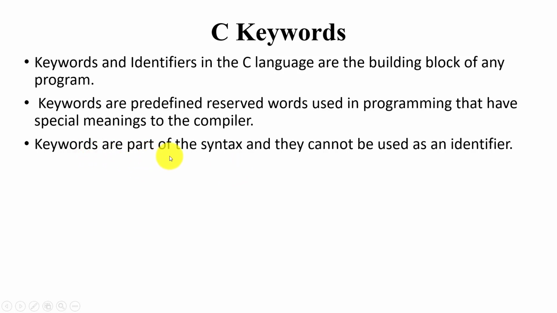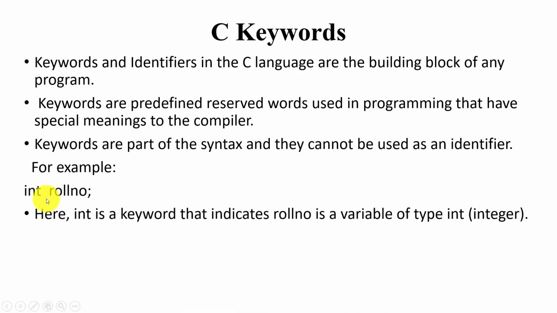Keywords are part of the syntax and they cannot be used as an identifier. Keyword and identifier are two different things, but keywords are used as part of syntax, that is, while writing a program we use keywords. For example, int rollnumber. Here int is a keyword, which indicates that rollnumber is a variable.